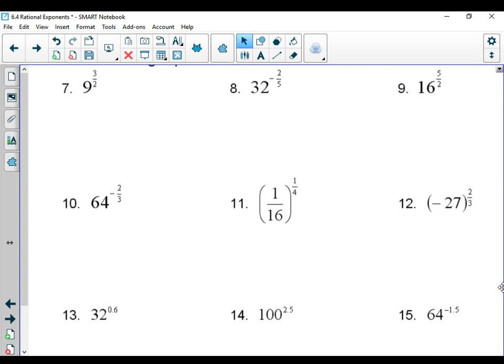If you're wondering, is that a 3 or a 2 or whatever, let me know. I know it's hard to read.